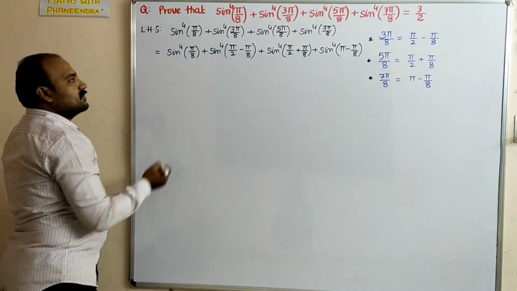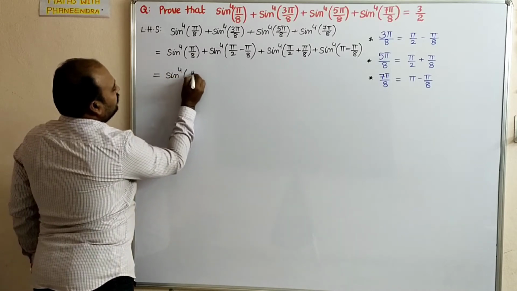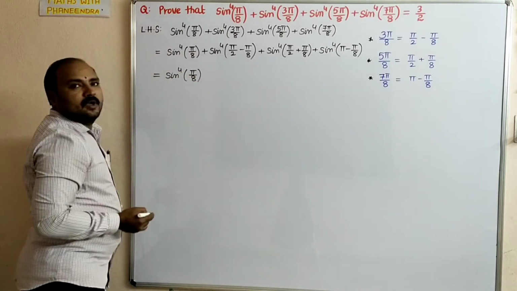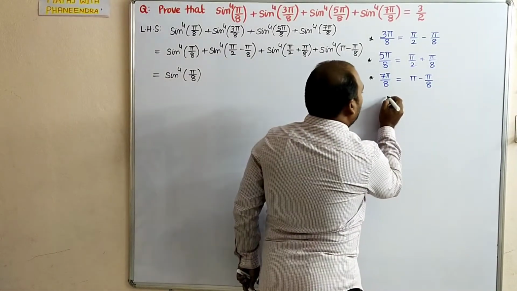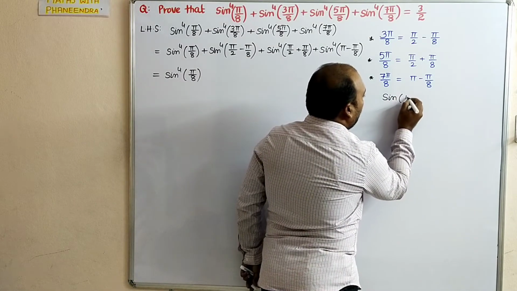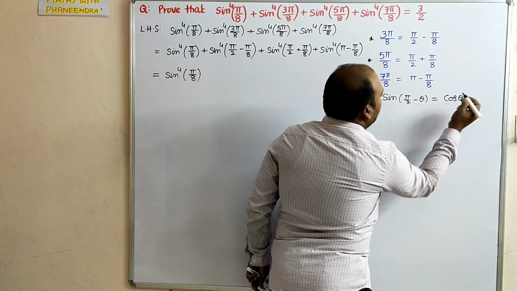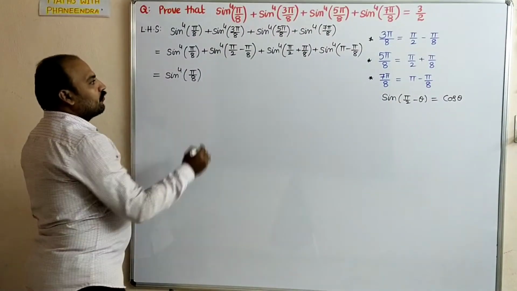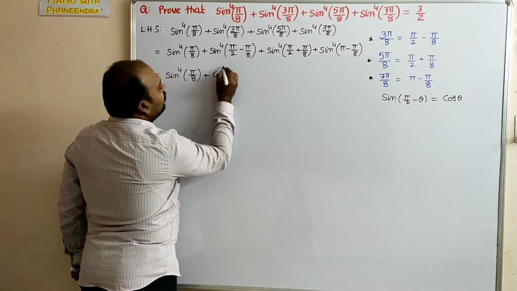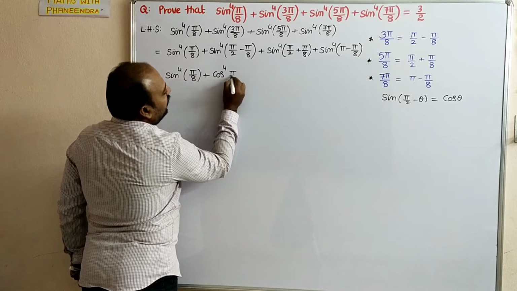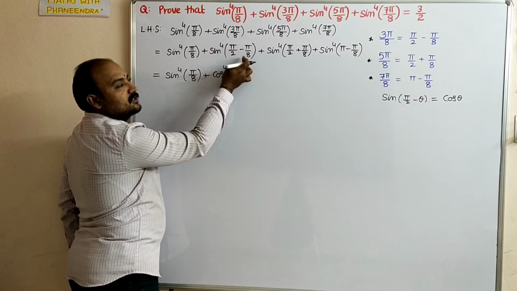After completing this step, sine power 4 of pi by 8. Sine of pi by 2 minus theta is cos theta. So it becomes cos power 4 of pi by 8, since sine of pi by 2 minus theta is cos theta, cos theta whole power 4.